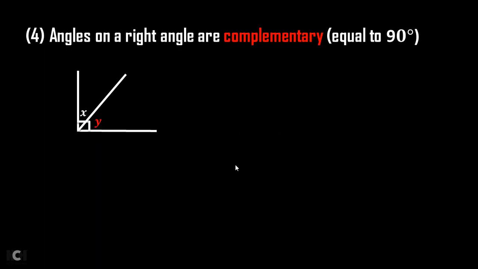Now, it means if we have a diagram like that, x plus y will be equal to 90 degrees. What is the reason for that? The reason is angles on a right angle. Now that is a short and acceptable reason that you will have to use when you are answering your questions.